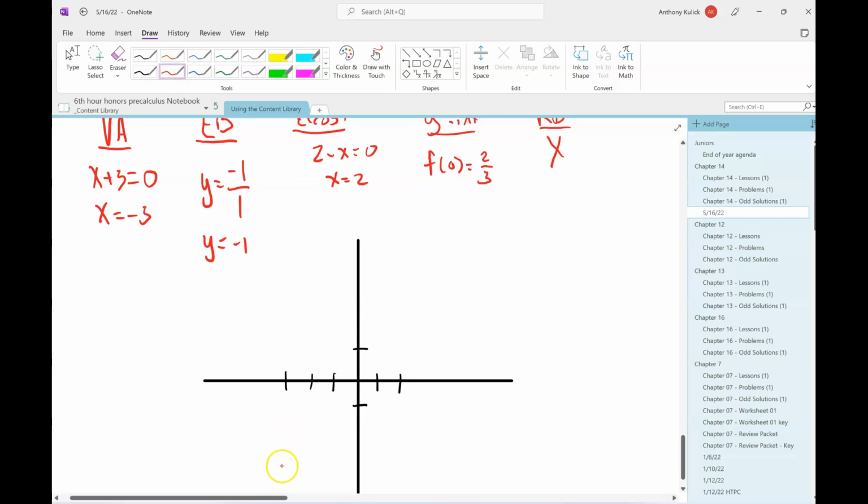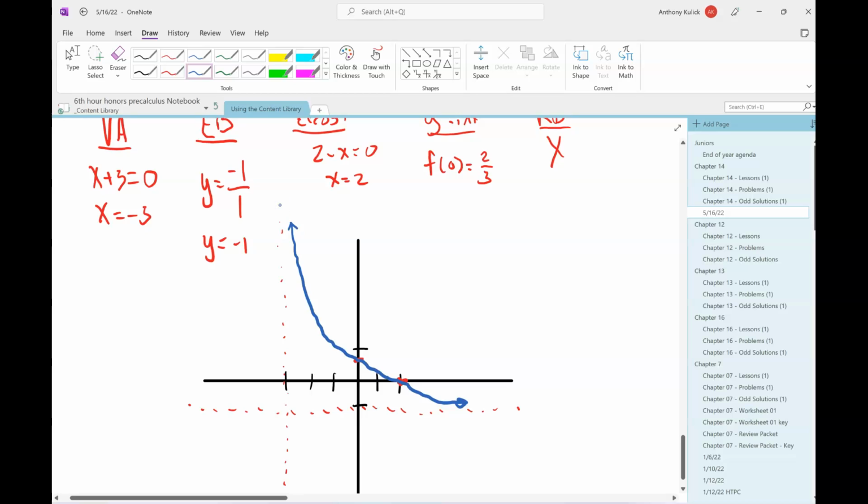All right, so I got my vertical asymptote at -3. I got my horizontal end behavior at -1. Got my x-intercept at 2 and my y-intercept at 2/3. That's pretty nice because I can already tell what has to be happening on the right-hand side of that graph.